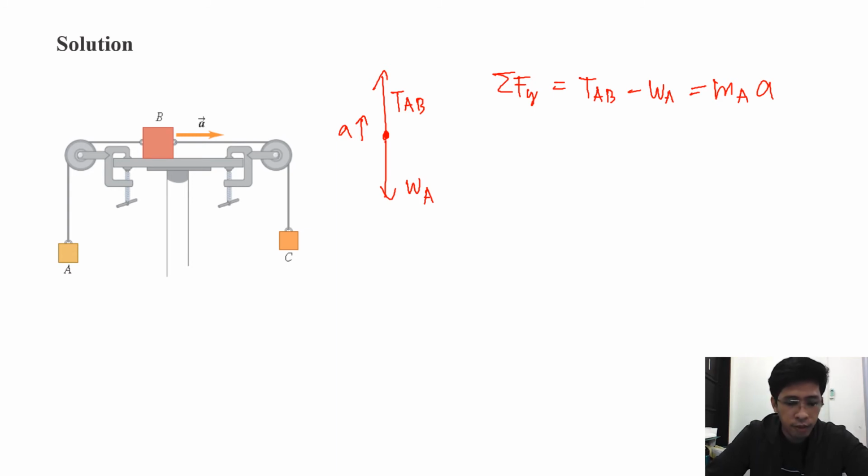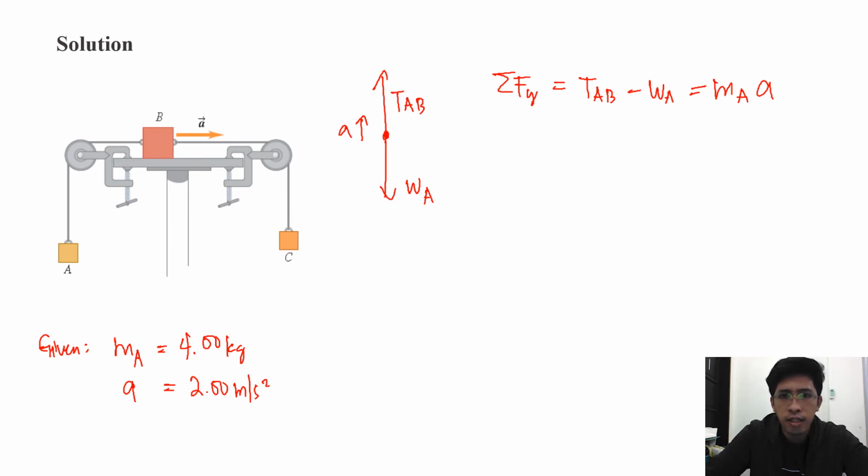And again, we are given the following: the mass A is equal to 4 kilograms, and your acceleration is equal to 2 meters per second squared.